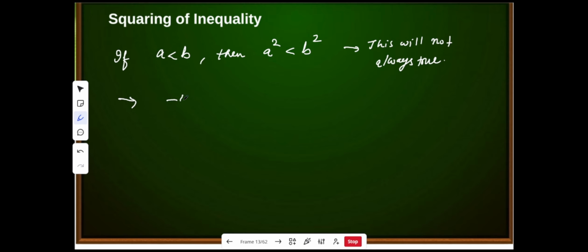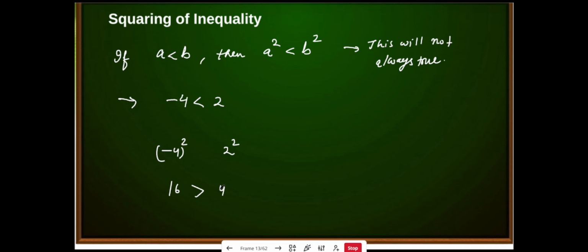Suppose we have minus 4 less than 2. But if you are going to take the square of minus 4 and the square of 2, then the square of minus 4 is 16 and the square of 2 is 4. Here the square of minus 4 is coming bigger than the square of 2.